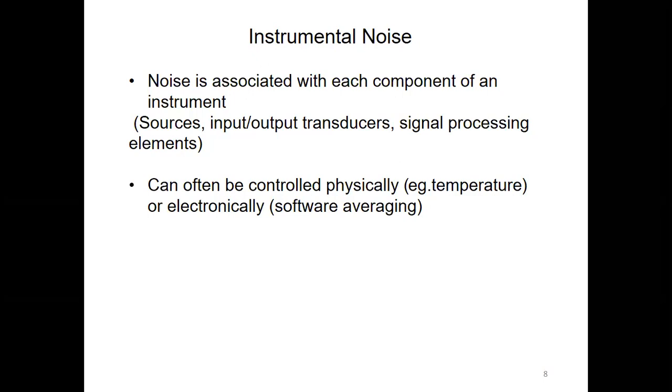And electronically, some computer algorithms are available, like software averaging or filtering. We will discuss those two in upcoming slides. By using those electronic changes, we can control the instrument noise.